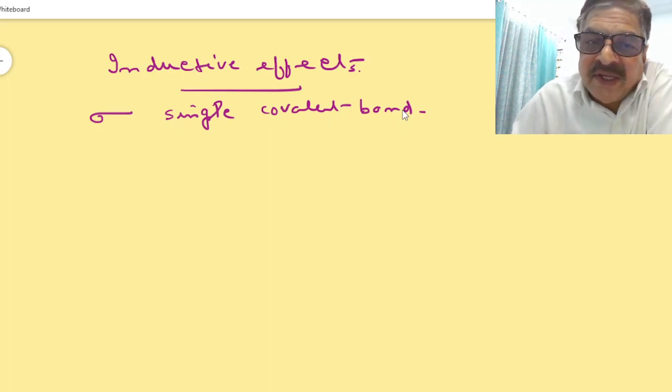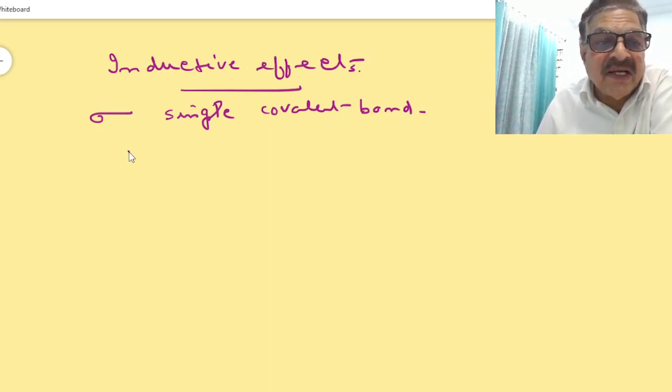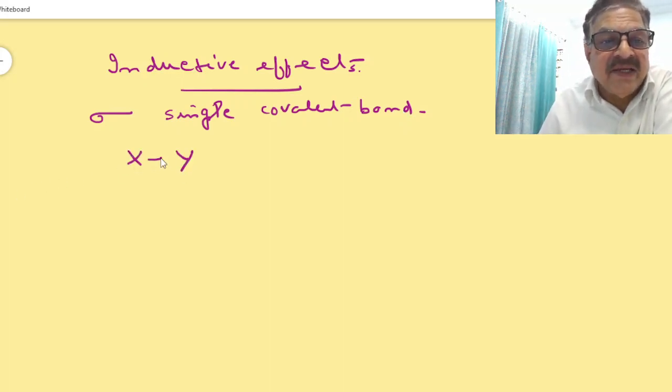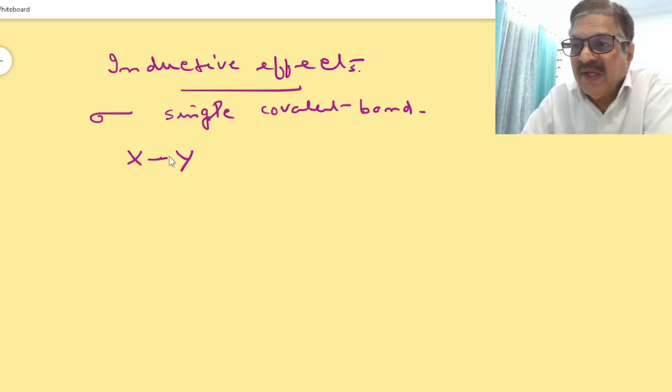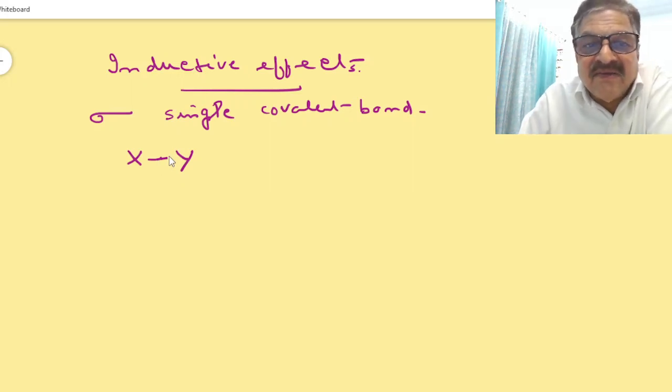The electron pair forming the sigma bond is never shared equally. Unlike atoms, that is, we have an atom X and an atom Y. That is a covalent single sigma bond between unlike atoms.